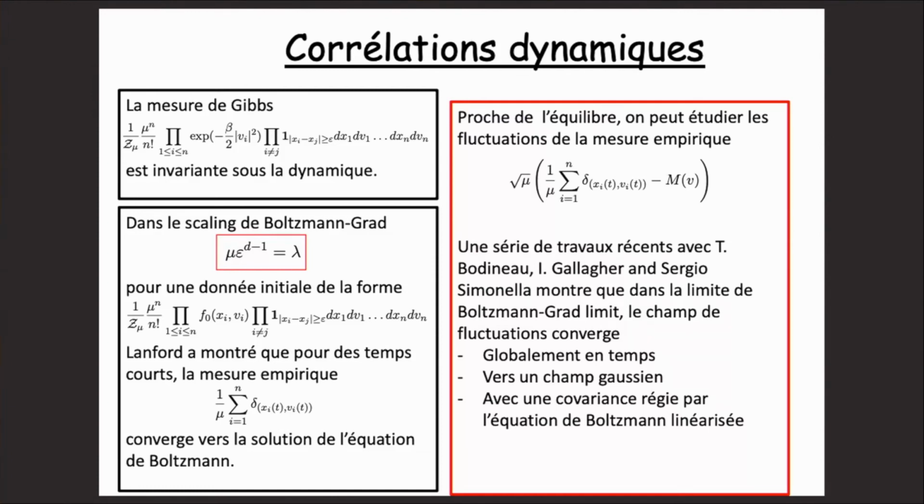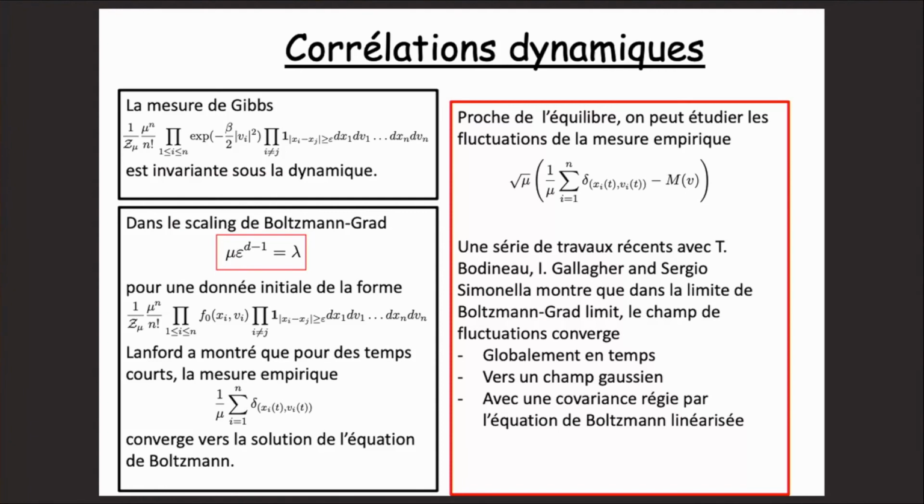There is an equilibrium measure which will be invariant by the dynamics, which is this one. You recognize here the exclusion. Of course, because you prescribe that the dynamics have collision, you expect that these balls will always remain at a positive distance. So you get this condition here.